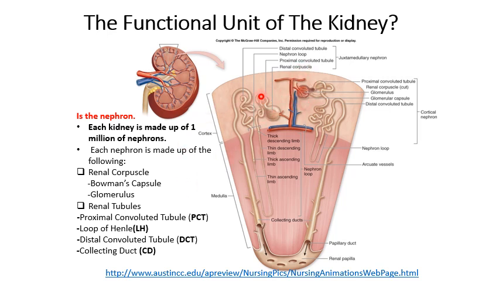The corpuscle in the nephron is composed of Bowman's capsule, and inside, relatively speaking, as if it is inside a balloon, is the glomerulus. The glomerulus is a tuft of capillaries that begins with the afferent arteriole and then coalesces into an efferent arteriole. So this capillary bed begins with an afferent and ends with an efferent arteriole.